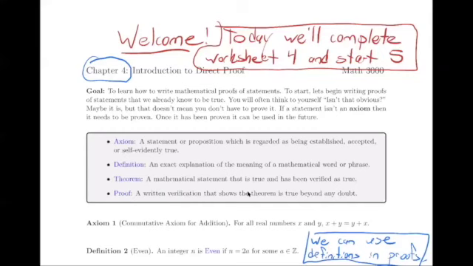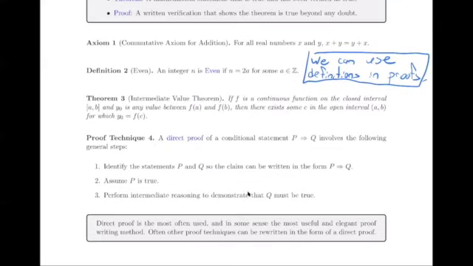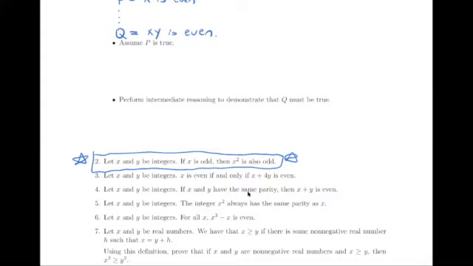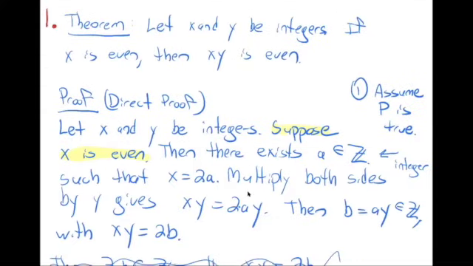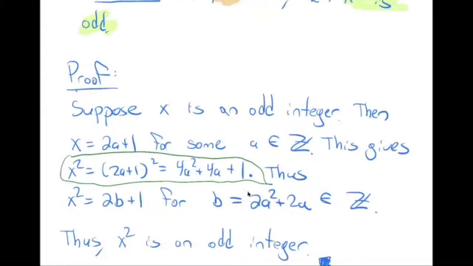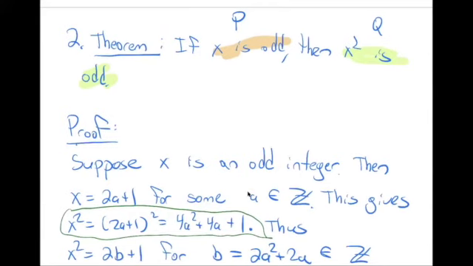So we did 2 of them together, or at least we did the first one together, and then you guys worked on the second theorem over here towards the end of class, where we worked with the conditional statement: if x is odd, then x squared is odd. And so just to back up and talk in general about how direct proof works.